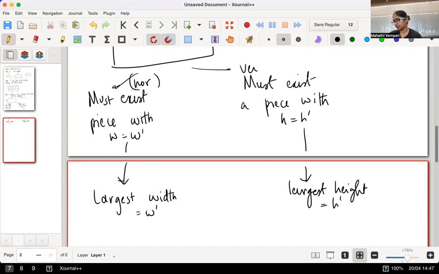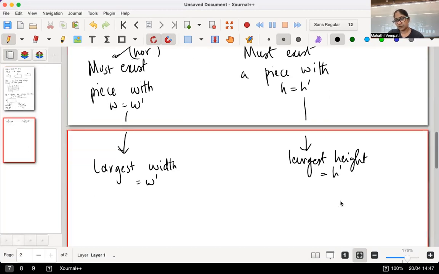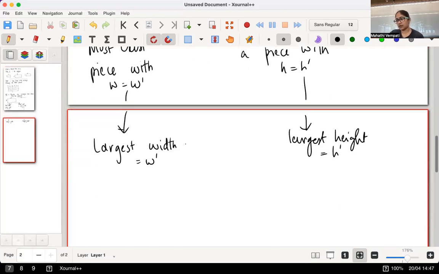Okay. And another thing we realize is that you've been given all the pieces, and the area of the cut pieces is the same as the area of the original. So the area is fixed. So in case one, assuming there was a horizontal cut, you know the width and you know the area, so that automatically gives you the height.